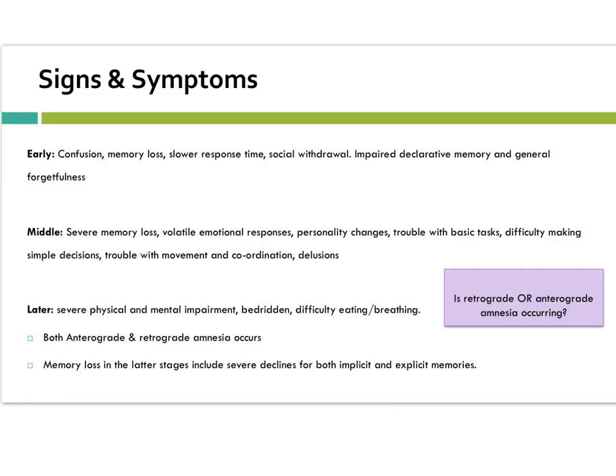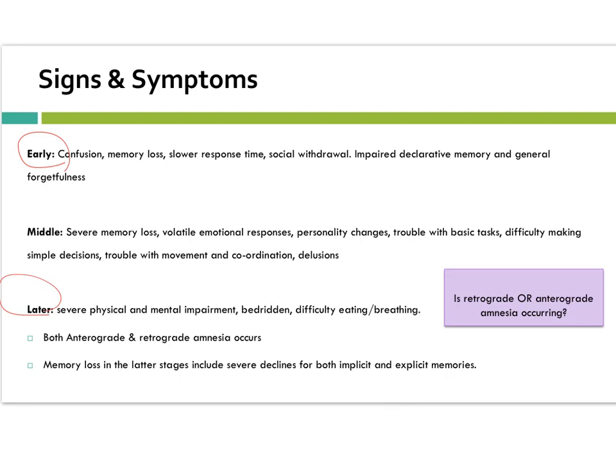In terms of other things that you should know, it's also good to know signs and symptoms of Alzheimer's. You don't need to know this in depth, but I would recommend that you have an idea of the comparisons between the early signs and the later signs.